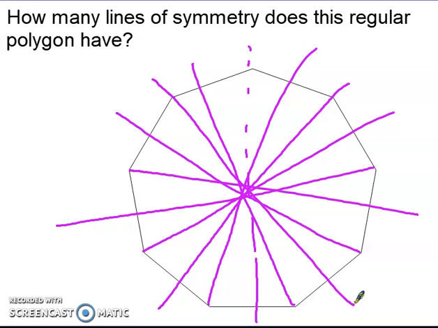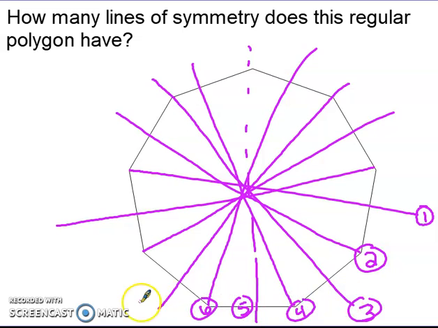Now, I know there's a lot of lines on there, but you have to count how many are individual lines and how many are the same line just crossing the other side. So if I start here, I have one line. This is a second line, third line, fourth line, fifth line, sixth line, 7, 8, and 9.